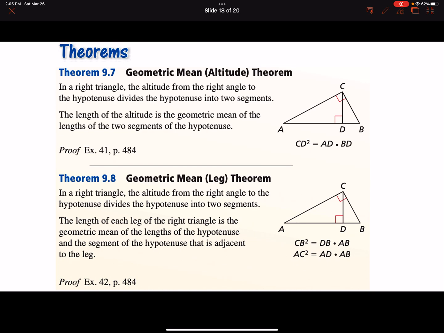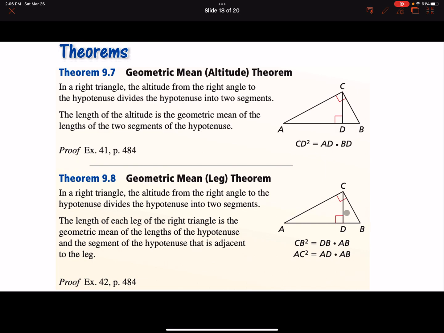The leg theorem, the geometric mean leg theorem, is very similar. Again, we have a big right triangle, ABC. We have an altitude coming down and splitting the hypotenuse into two segments. Now, if I want to know what the length of each leg of the right triangle is, when I say each leg of the right triangle, I mean this leg of the big right triangle is BC, and AC is the other leg of the biggest right triangle, ABC, okay?